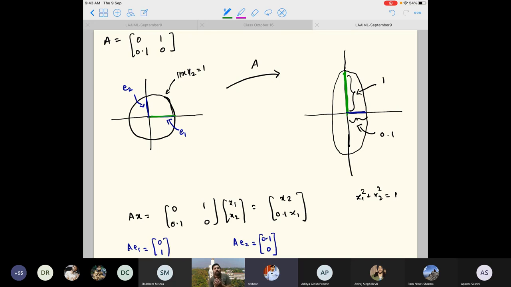So what you really observe here is that this is the domain space and this is the range space. In the domain, which direction corresponds to the direction of maximum magnification? The direction along the x-axis, because a vector in that direction is getting magnified, while the vector in the direction of the y-axis in the domain is shrunk.